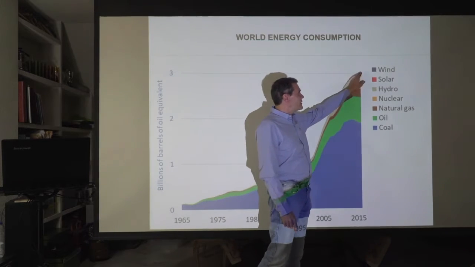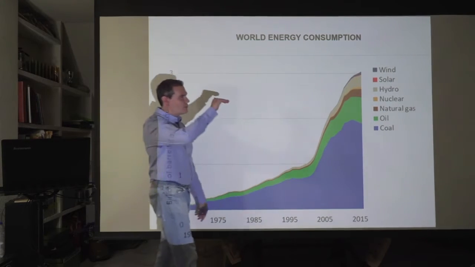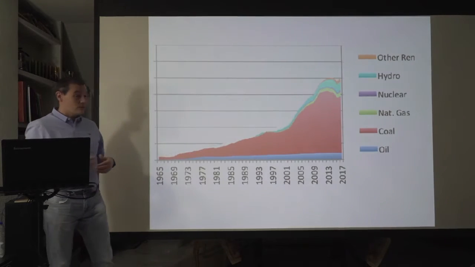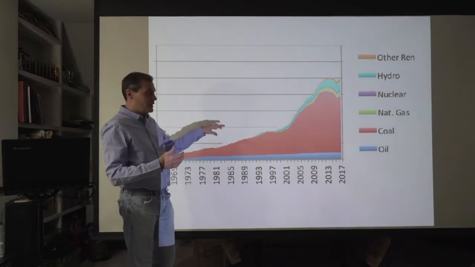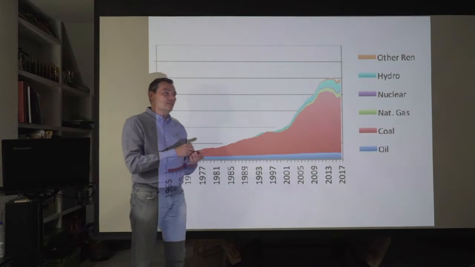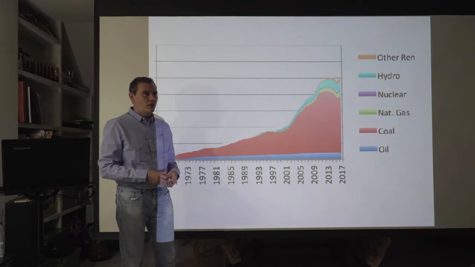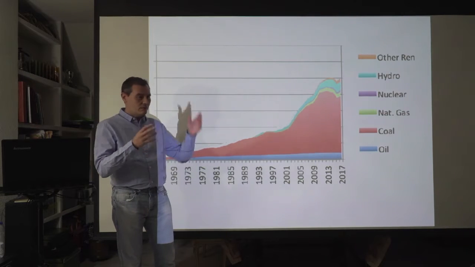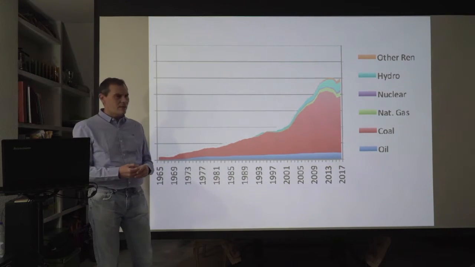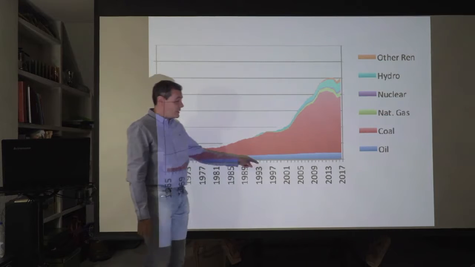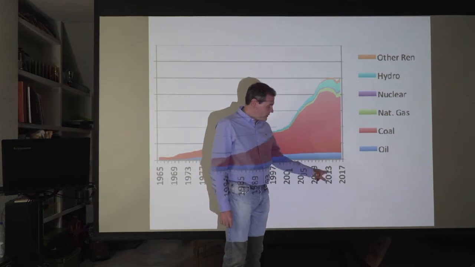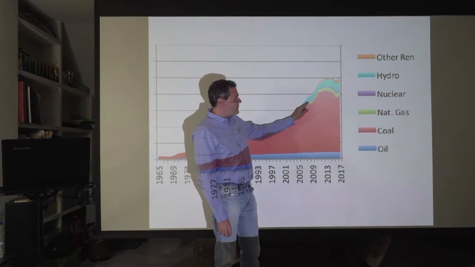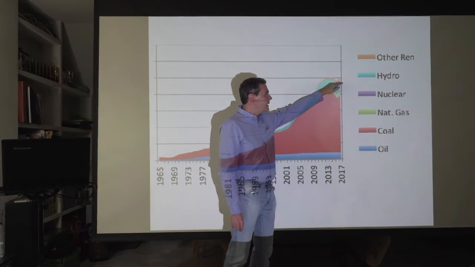But here we can see that we have this horizontal trend again. Where are we now? Well, we don't know where we are now because we cannot have the 2020 statistics. I don't know what is going on in the world today with this COVID and all these crazy things that are going on. But we can see that from 2013 to 2017, the slope of this line is flat again.